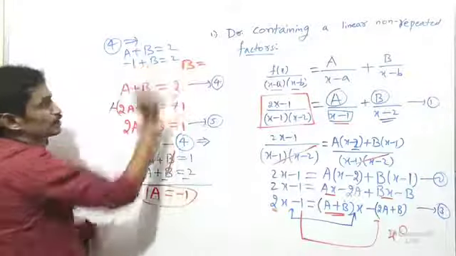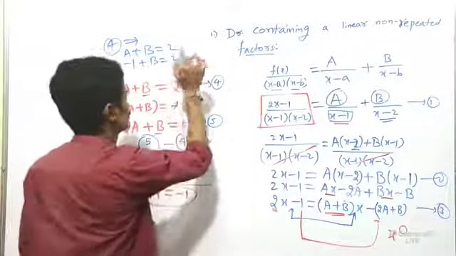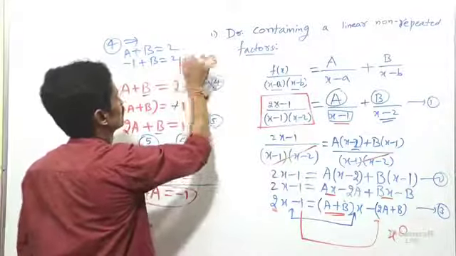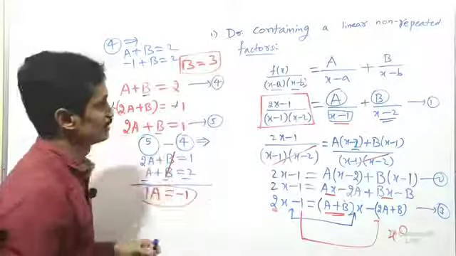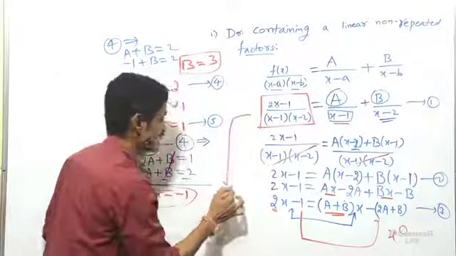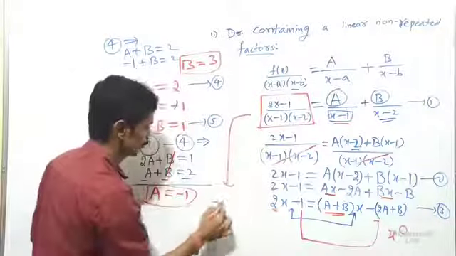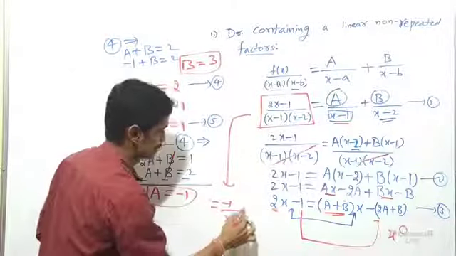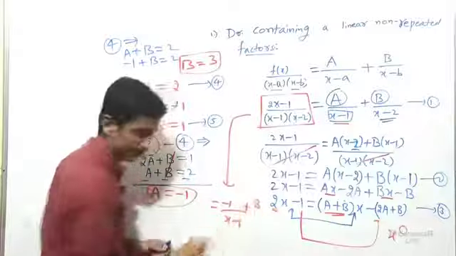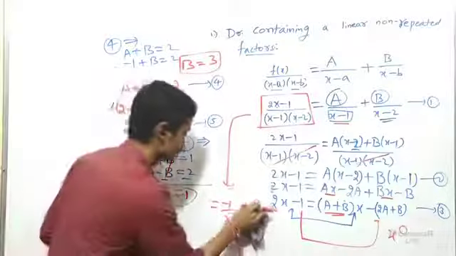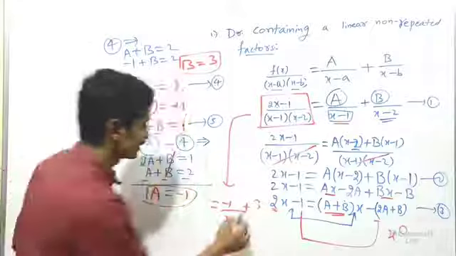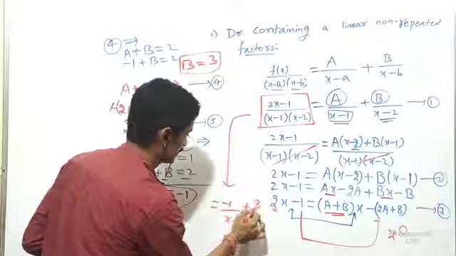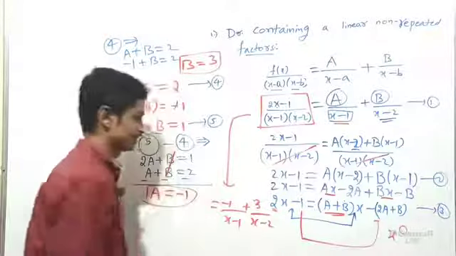Just shifting minus 1 to that side, it becomes a plus: 2 plus 1 will be 3. Got it? Yes? So the same answer I can write as minus 1 divided by x minus 1 plus b value, which is 3. The b value is 3 divided by x minus 2.